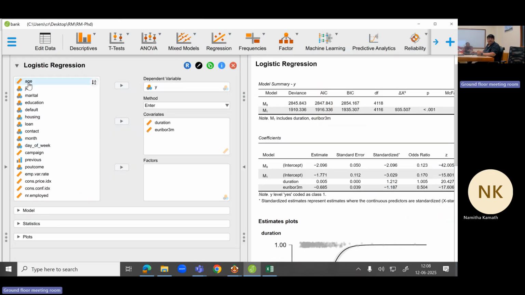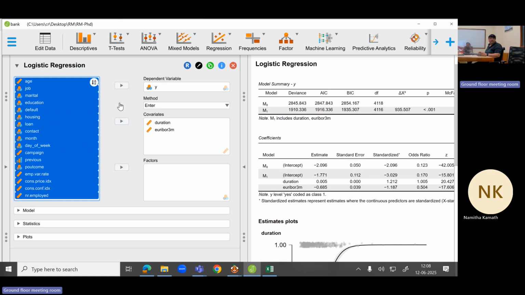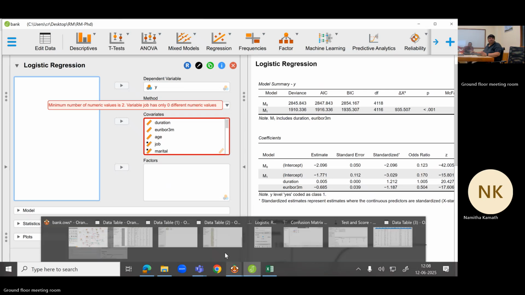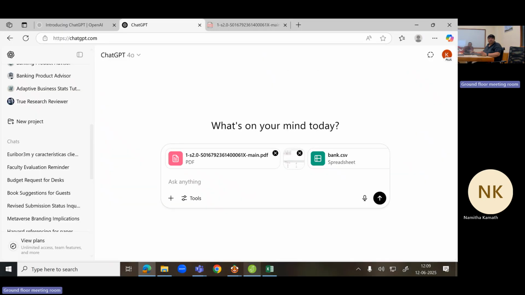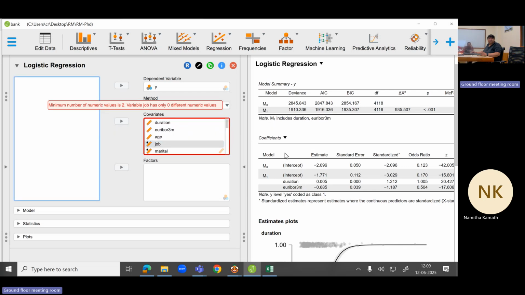So what you can do is include everything except that data. Something is wrong here. Job, yes.